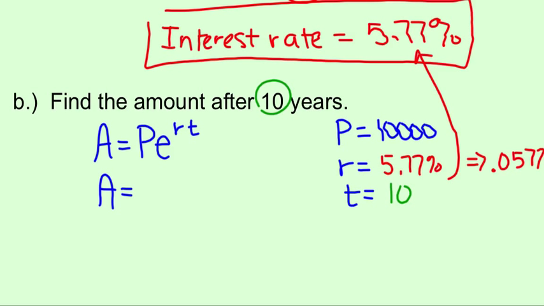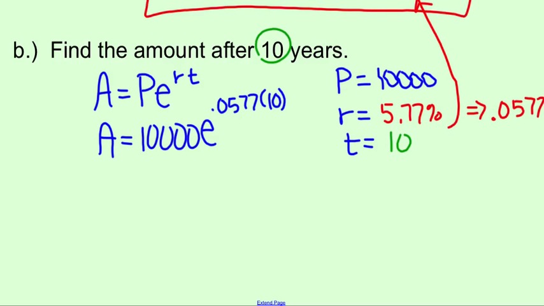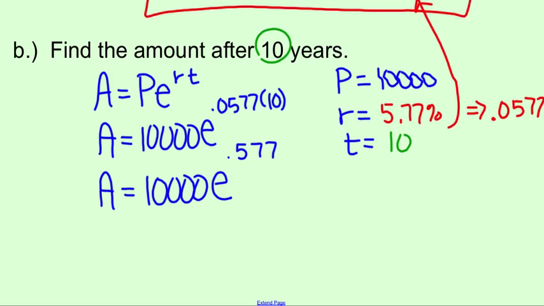So end amount equals $10,000, principal, E, raised to the 0.0577 times 10. And now the rest is using your calculator. So I'm going to go ahead into that exponent first and multiply 0.0577 times 10. And that exponent now is 0.577.